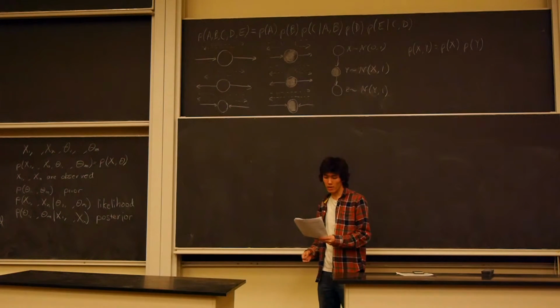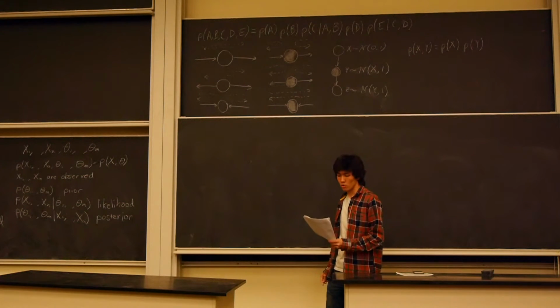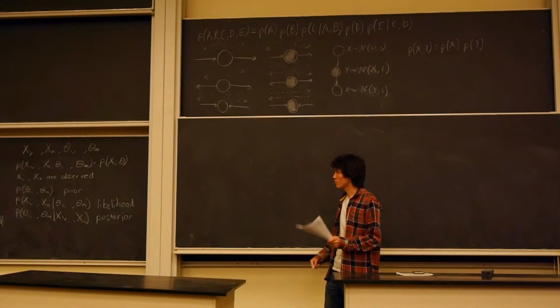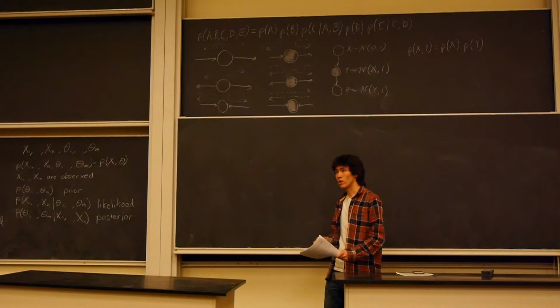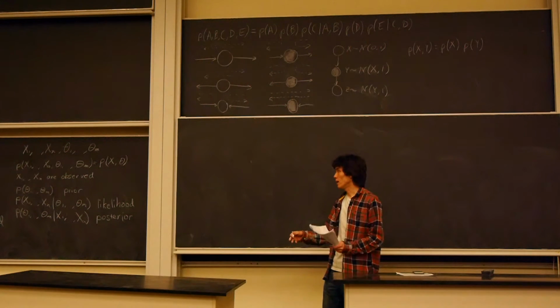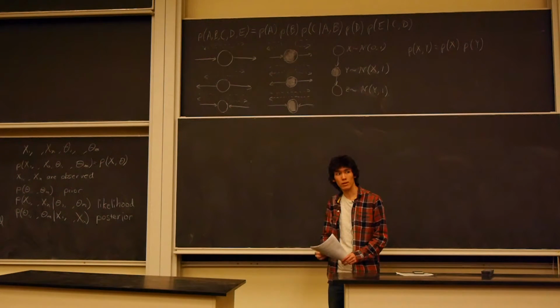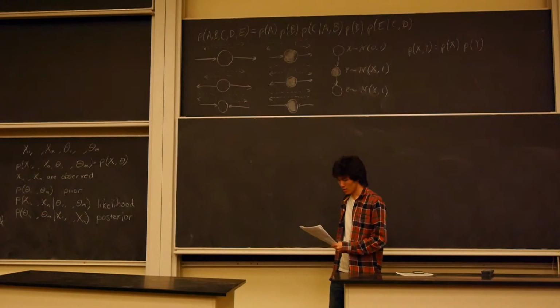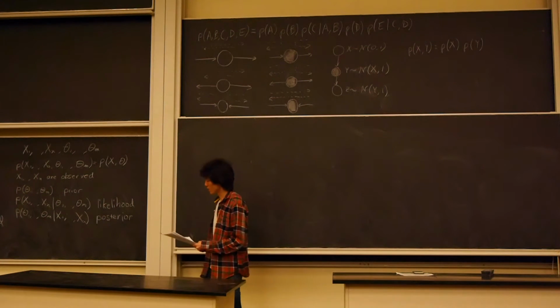So now I want to say, how can I do inference in a graphical model? Inference is basically trying to obtain information about your unknown parameters or some unknown variables, given information like that I observe some other variable, right? Here's a question.